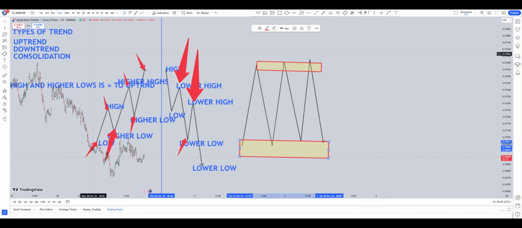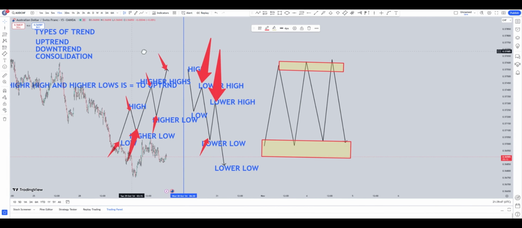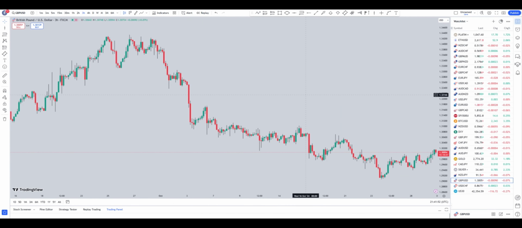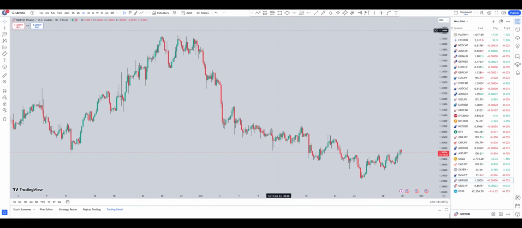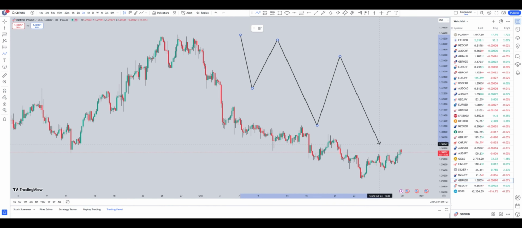Let's go into the chart and see live examples of how it looks. For example, let's talk about the downtrend in the market. This is GBP/USD, that's Great Britain pound against the United States dollar. We say the downtrend is a market creating lower lows and also lower highs, so we need the market to be moving in this structure.